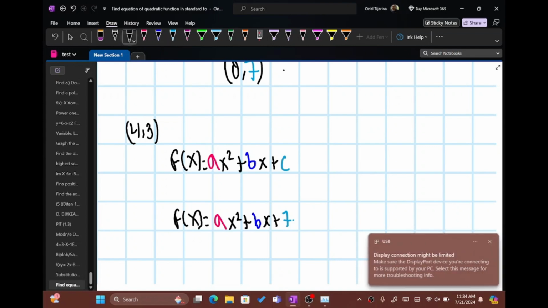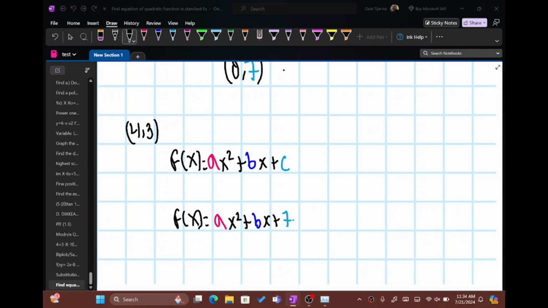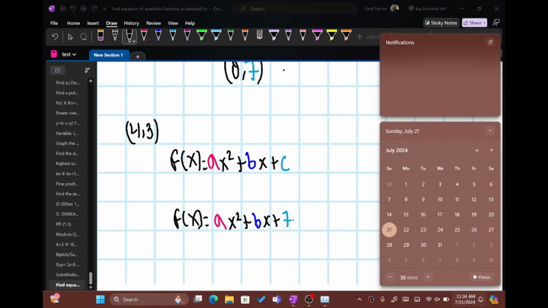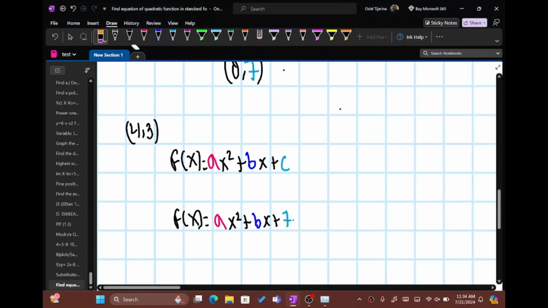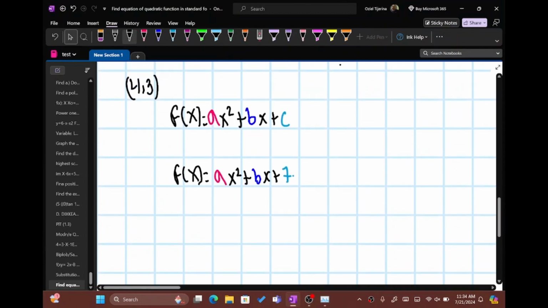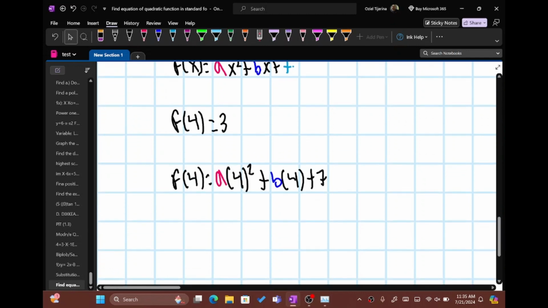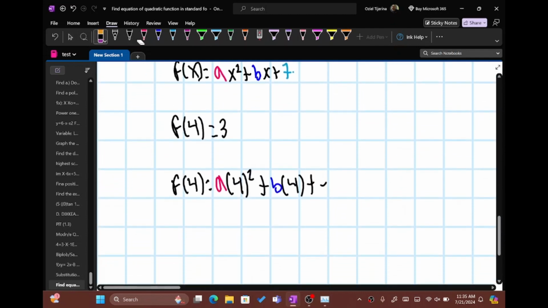We need to plug in (4, 3). So we know f(4) is equal to 3, and f(4) will be a times 4² plus b times 4 plus 7. Like I said, we already know c is 7.